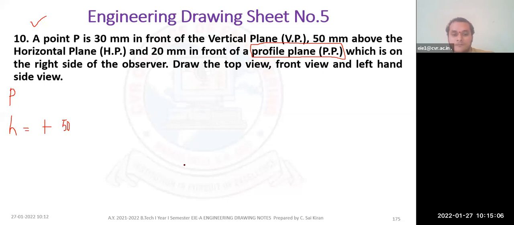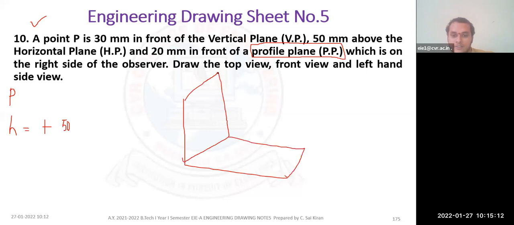Suppose this is your first quadrant and this is your profile plane. The object P is somewhere here, at a height of 50 mm from the ground.